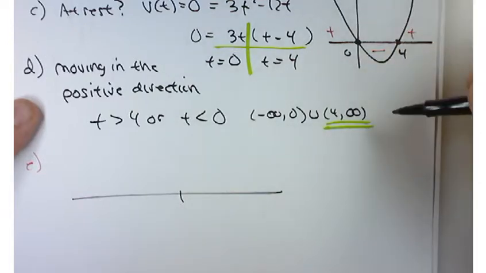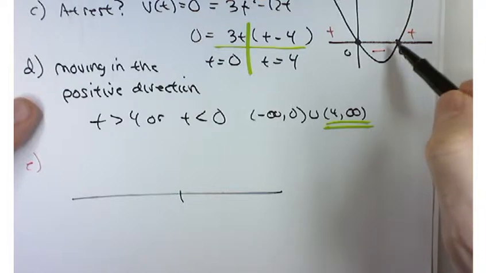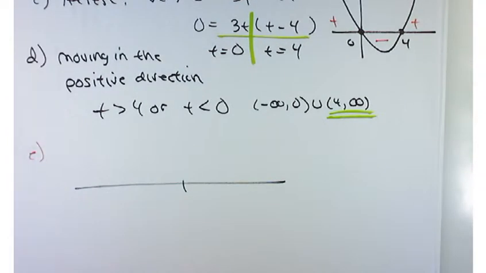It has a negative velocity. And it keeps moving to the left until you get to time 4. So the question is, how far do you get up to time 4? What's your position at time 4? How could I find that?